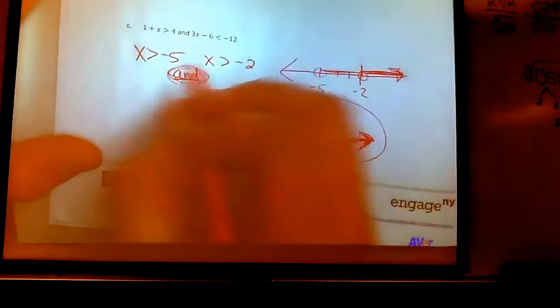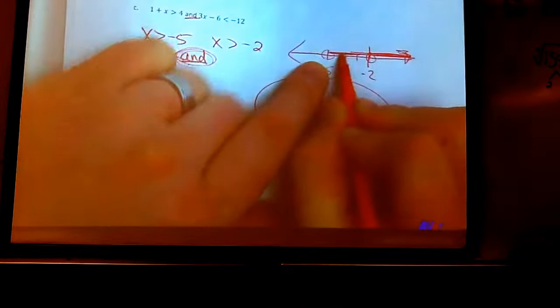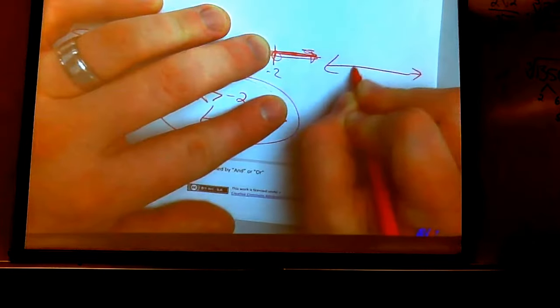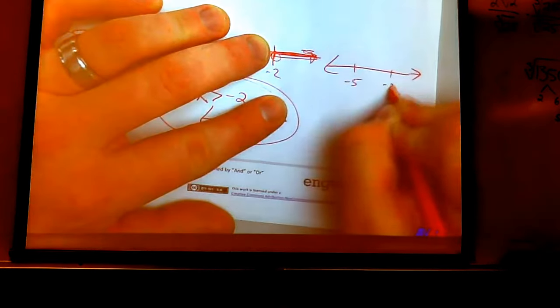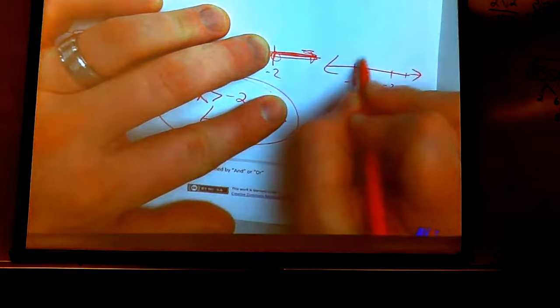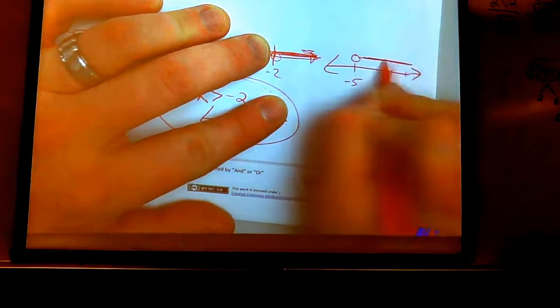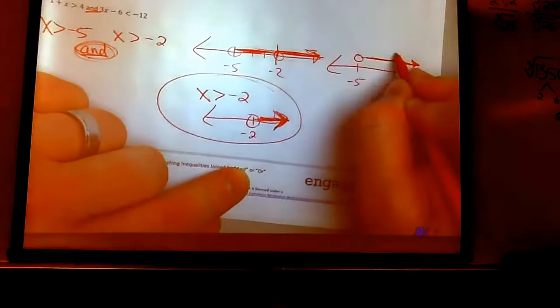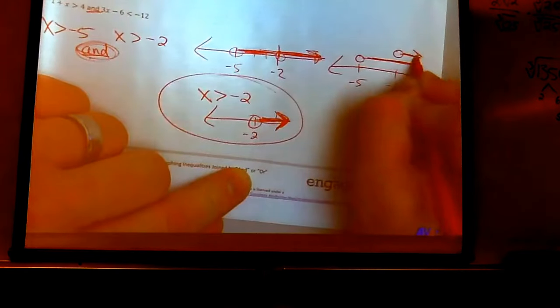So basically you graph both of them. If it said and, it's the places where your shadings overlap. I should draw like a double layered one, here's negative 5, here's negative 2. This one would be from here over, and this one would be from here over, right?